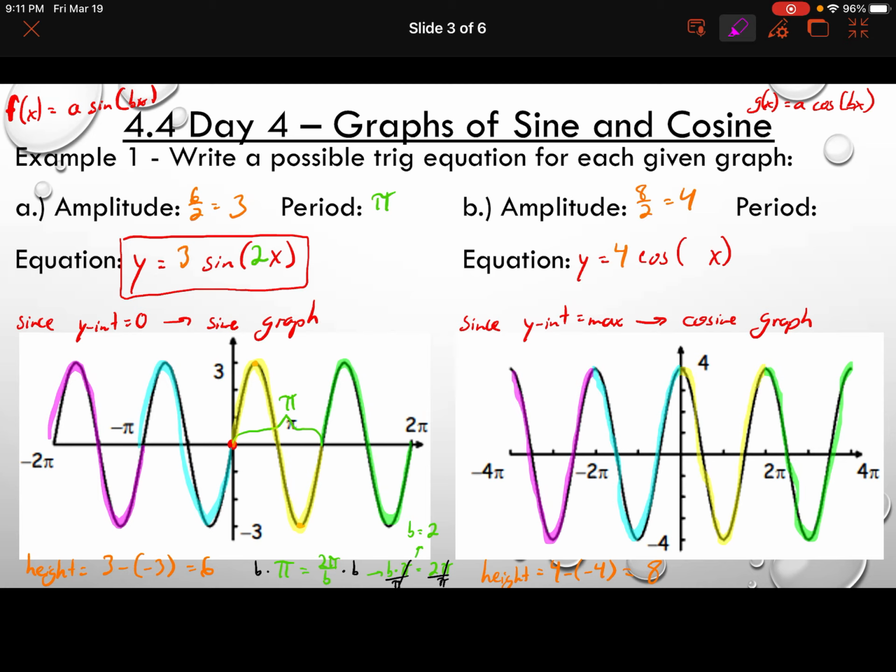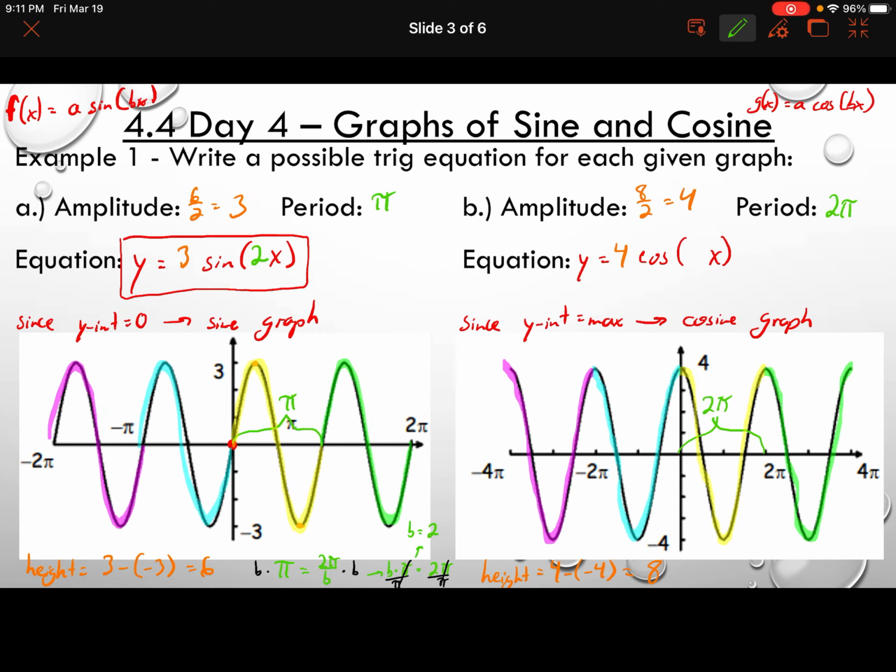So our period this time around is 2 pi, because we're looking at the x-axis. How long does it take on the x-axis to finish? It takes 2 pi to complete one period or one cycle. So our period is 2 pi.